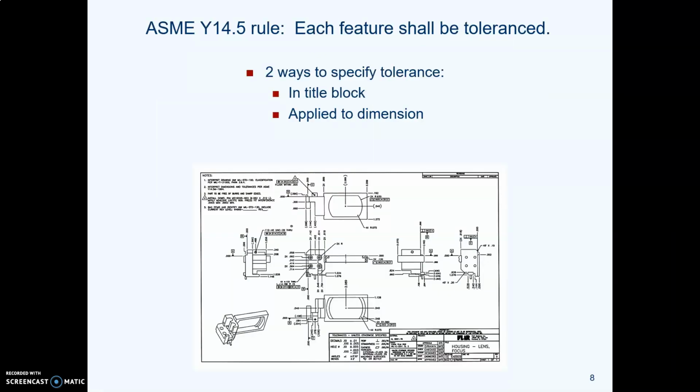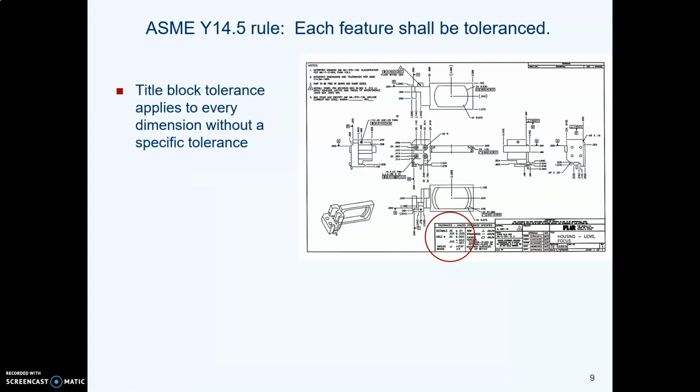Remember last time we talked about the fundamental rules, and the very first rule said each dimension shall have a tolerance? Well, there are two ways you can do that. You can apply the tolerance to the dimension, plus, minus, or limits, or you can put it in the title block.